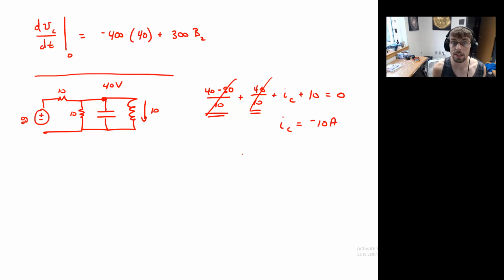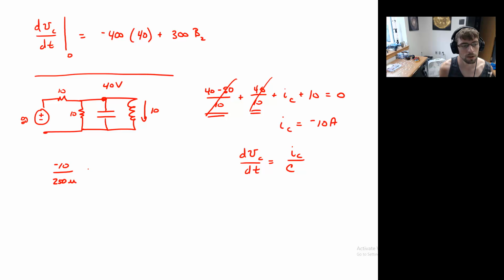And then I use the idea that the change in potential across my capacitor is equal to the current on the capacitor divided by C. So now I've got it. At time equals 0, I can write negative 10 divided by 250 micro equals negative 400 times 40 plus 300 B2.